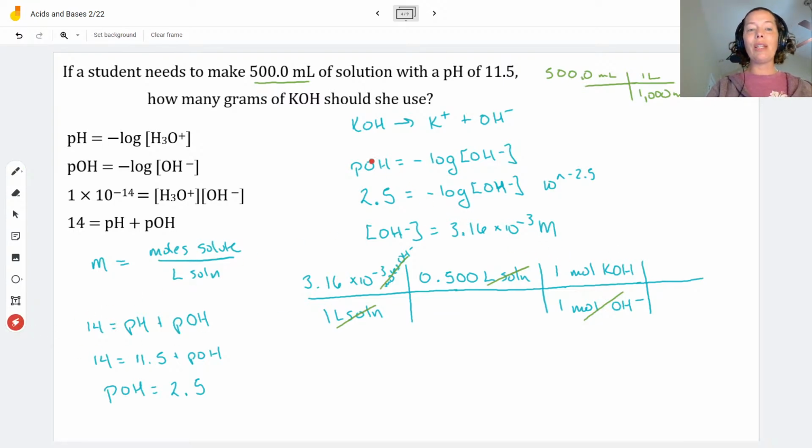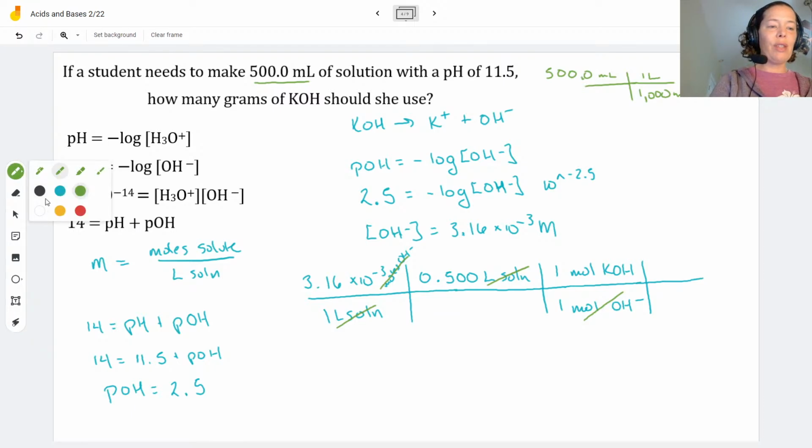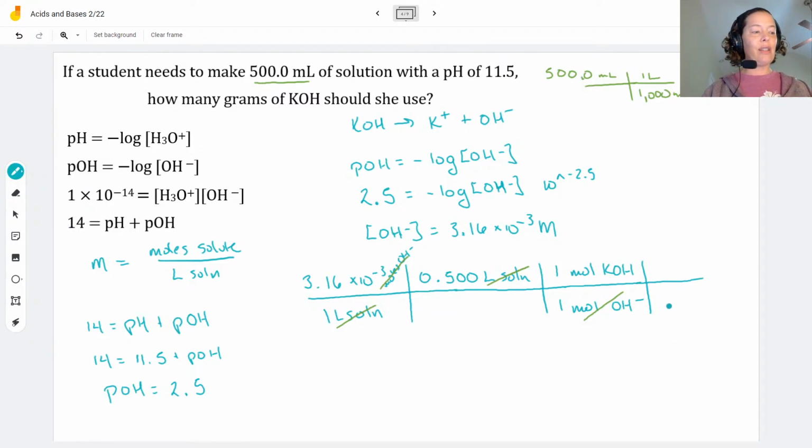So now I'm really, really close. But I need grams of potassium hydroxide. So I need 1 more factor in this dimensional analysis problem, or you can think of 1 more conversion factor in this conversion factor problem. This is why having those dimensional analysis skills, I think, is so important, because they really transfer over to a lot of other things like stoichiometry, like acids and bases.